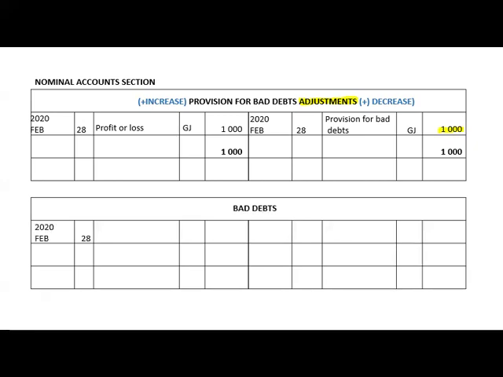And obviously we had bad debts, which I'll close off to profit or loss. Bad debts is an expense. It's a plus minus.